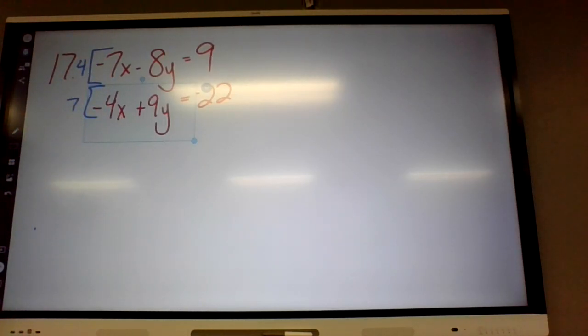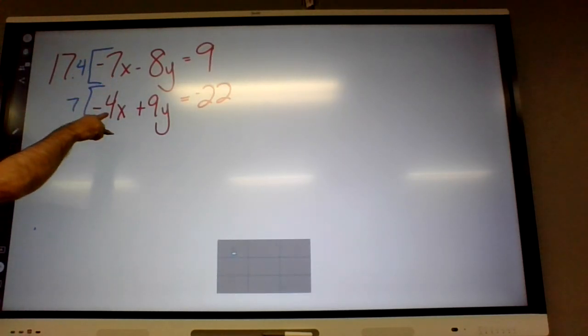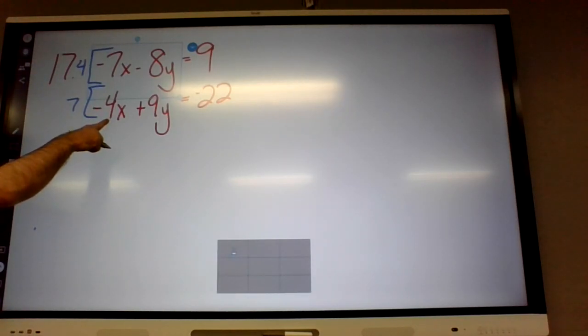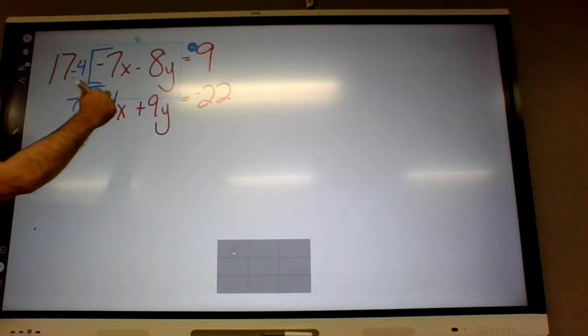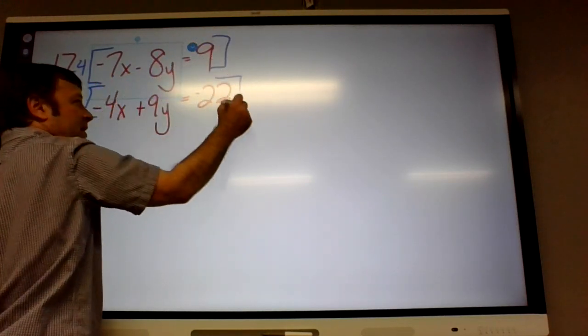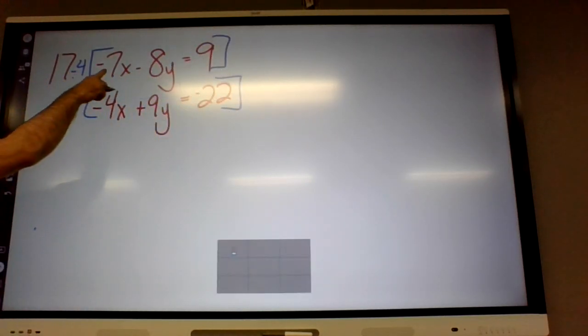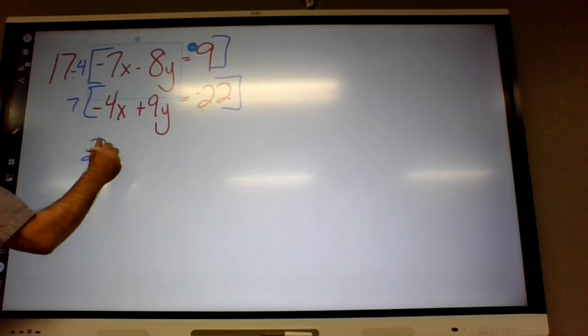Okay, but there is a problem. If I multiply by 4 and 7, they will both remain negative. So how do I fix that? One of them, and it doesn't really matter, I'm just going to multiply the top by negative 4, because when I multiply by negative 4, this becomes positive 28x.